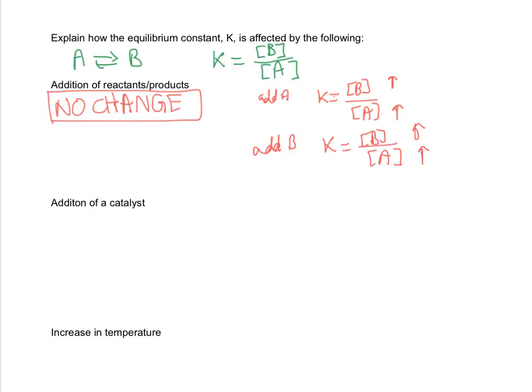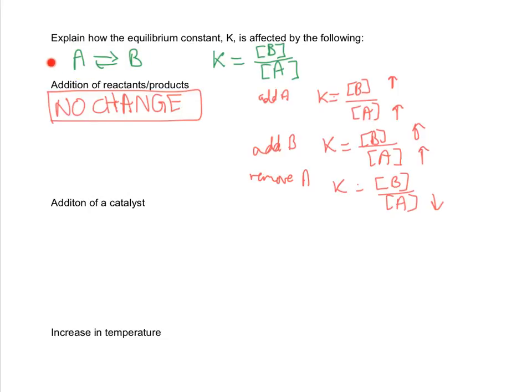What if I were to remove A? K is the concentration of B over the concentration of A. So I decreased A. What happens if I decrease A? Which way would it shift?